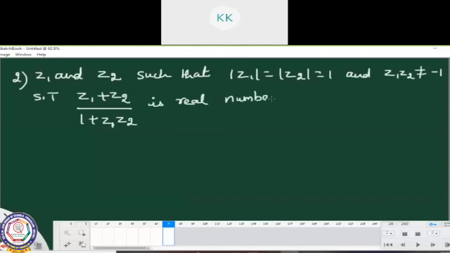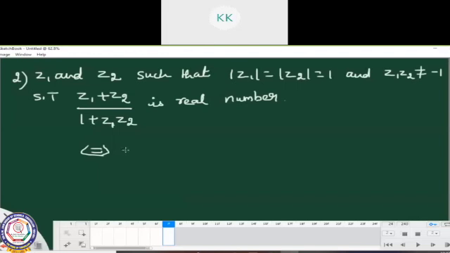Is it clear? Modulus of Z1 equal to modulus of Z2 equal to 1. If it is a real number, what do we have to prove?